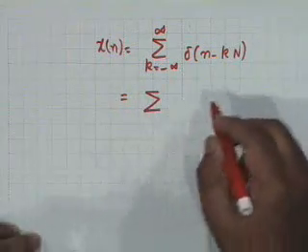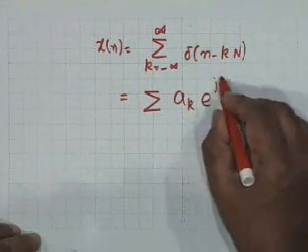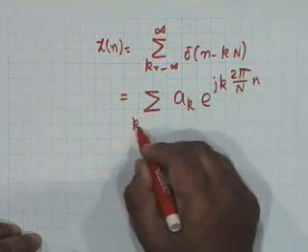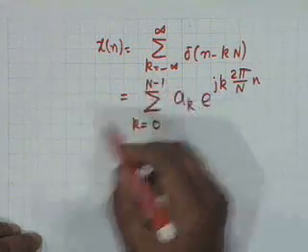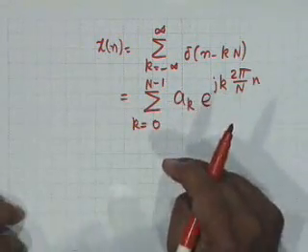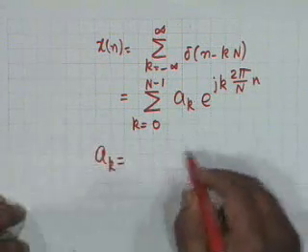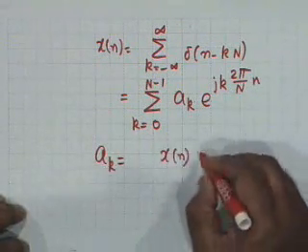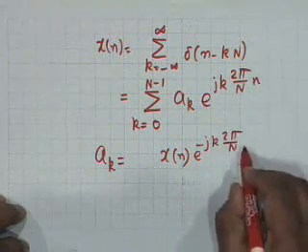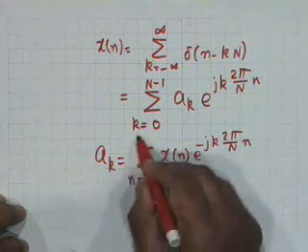So I write this as a_k e to the power j k 2 pi by N times n, where k goes from 0 to N minus 1, and then take the transform term by term. You can easily show that a_k by definition is 1 by N times the summation of x of n e to the minus j k 2 pi by N times n, n equals 0 to capital N minus 1.